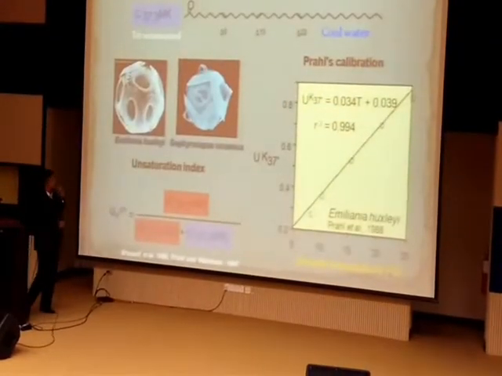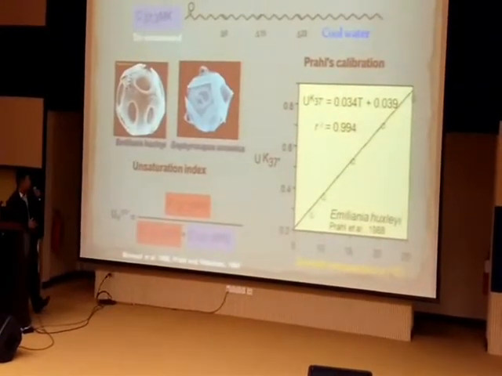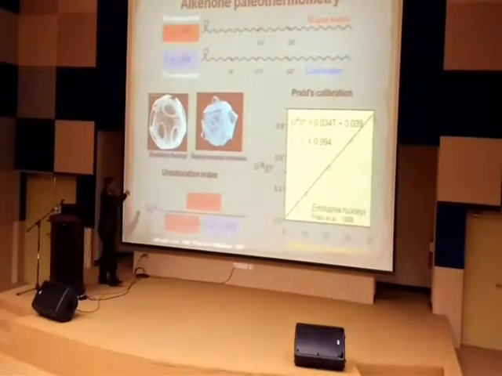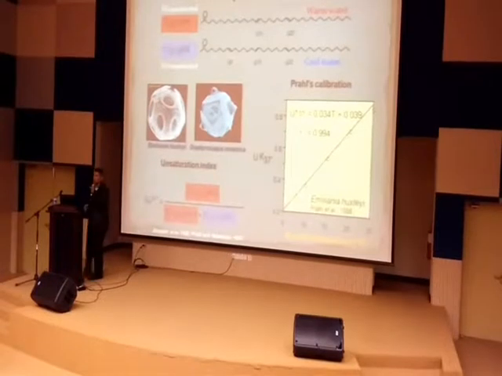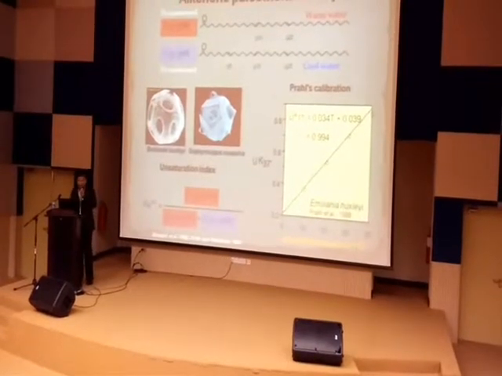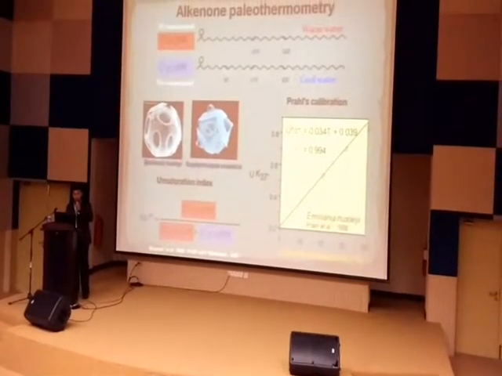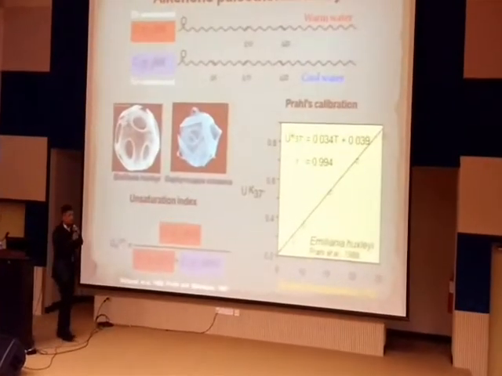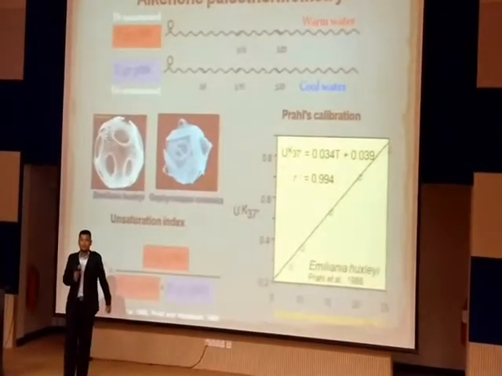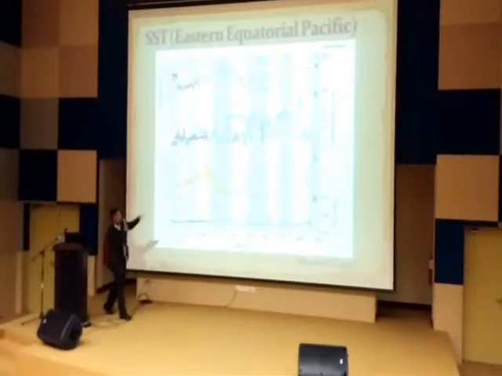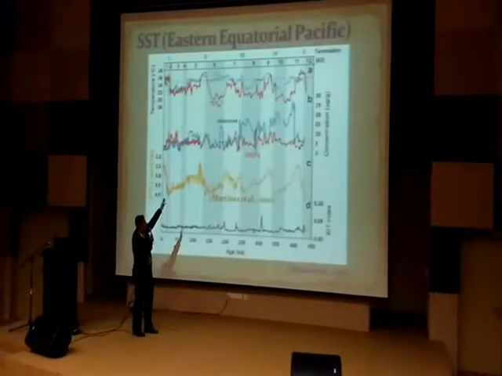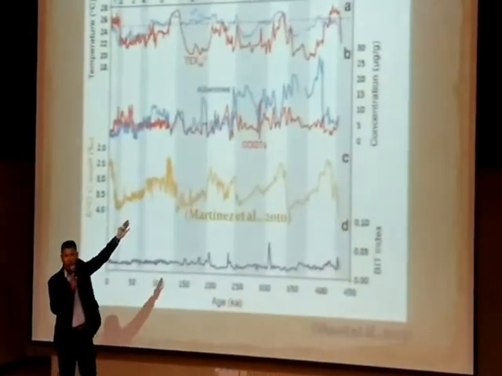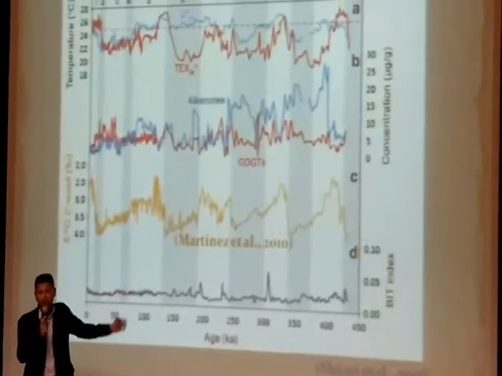Like the coccolithophores, Emiliania huxleyi and Gephyrocapsa oceanica, they produce the alkenones or long chain ketones. So this chemical component, these indices, UK'37 and TEX86, come from alkenone and also GDGT.